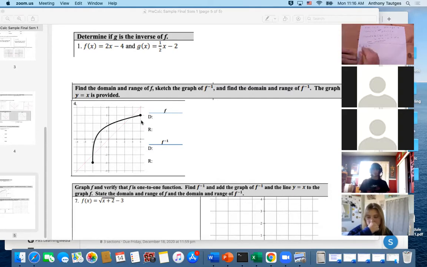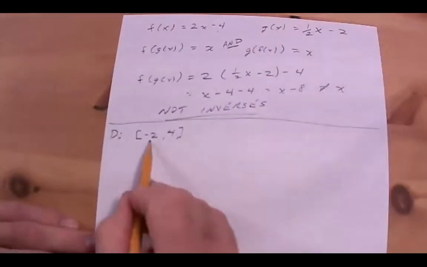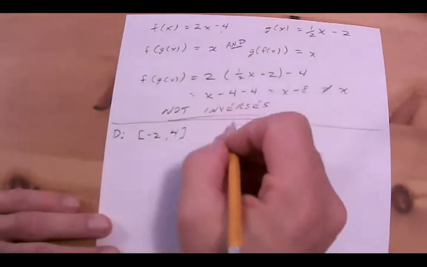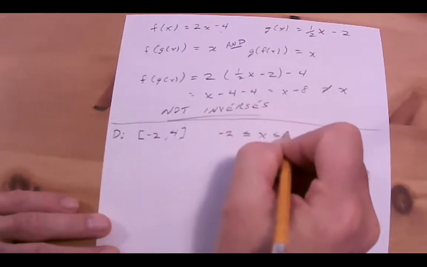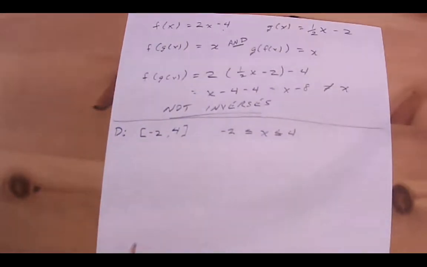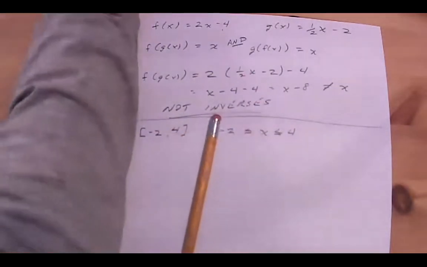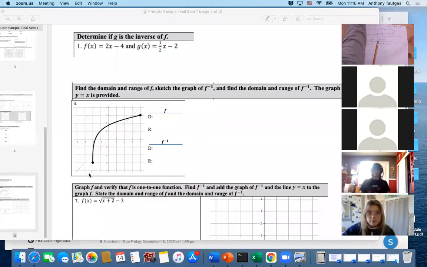If I was going to write the domain in interval notation, it would look like this: -2 to 4. If I wrote it in inequality notation, I would write it like this: -2 less than or equal to x less than or equal to 4. That's the domain. Now, what about the range? Well, the range are the y values, right? So I come up from below.